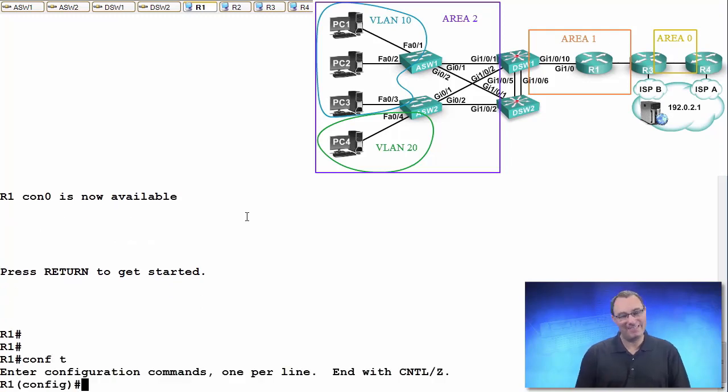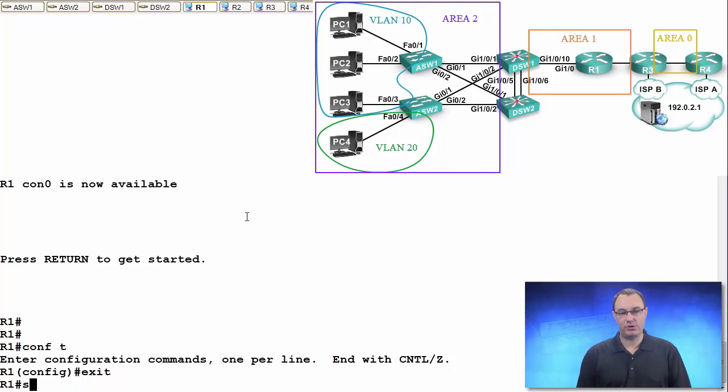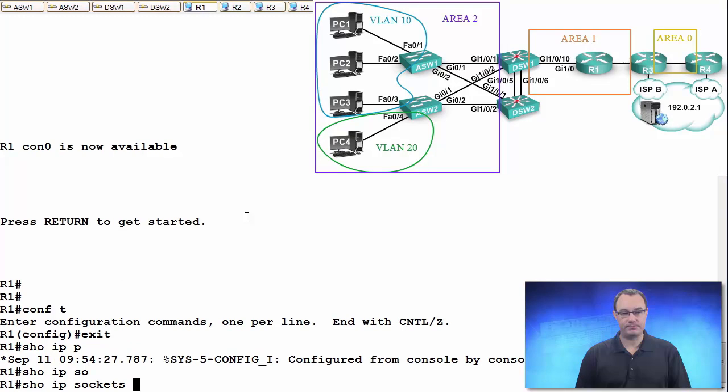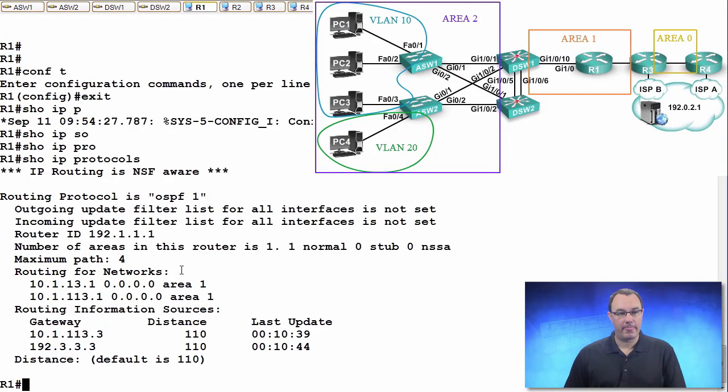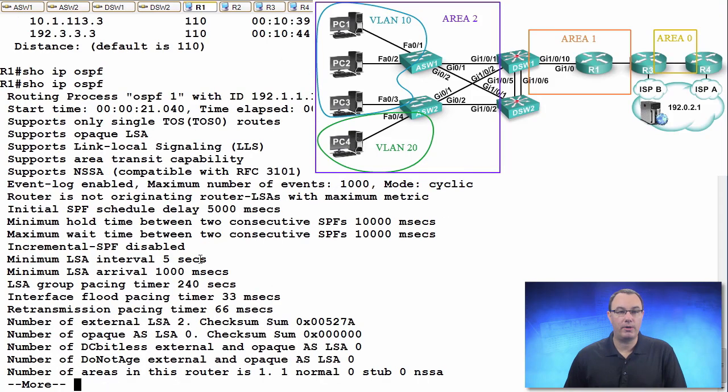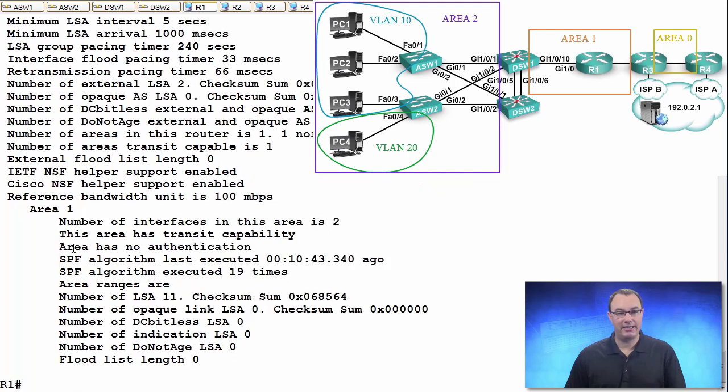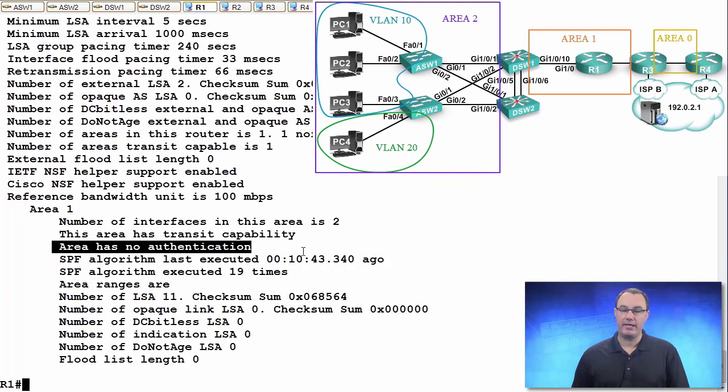But in examination, actually, let me do a show ip ospf. That's not the one I want. I want show ip ospf. There we go. Okay, so for show ip ospf, I want a space bar down, and it says this.